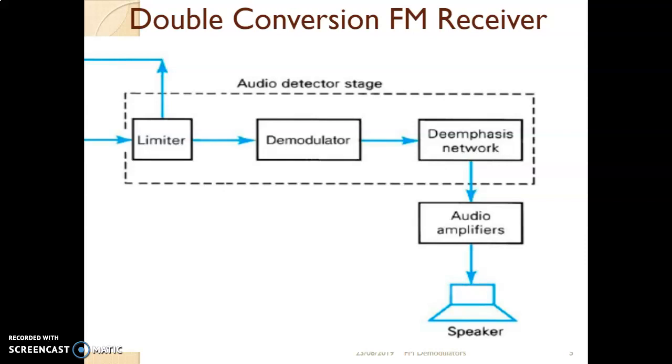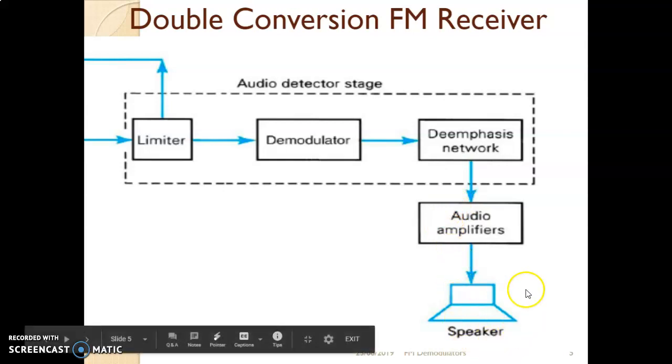The use of the de-emphasis network is explained in a separate video, where I explained that pre-emphasis is done at the transmitter to overcome the effect of the FM noise triangle, and to compensate for pre-emphasis we use the de-emphasis network at the receiver. After the de-emphasis network we have an audio amplifier, which acts as a driver to a speaker, and then the signal will be audible on the speaker.